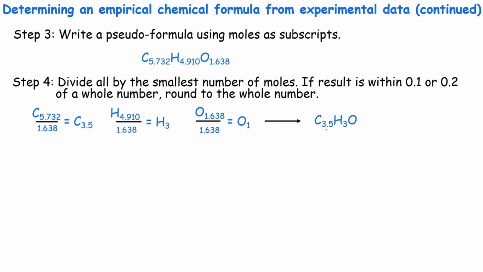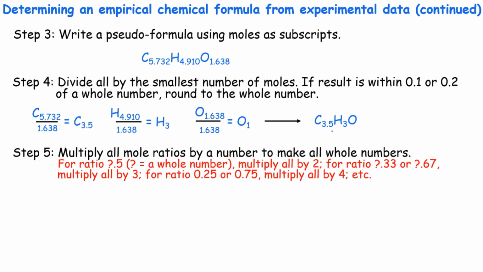Okay, so we have a 3.5. Doesn't matter whether it's 1.5, 2.5, or 9.5. In order to convert that 0.5 to a whole number, anything with 0.5, we need to times that number by 2. 3.5 times 2 equals 7. 2.5 times 2 equals 5, and so on and so forth.